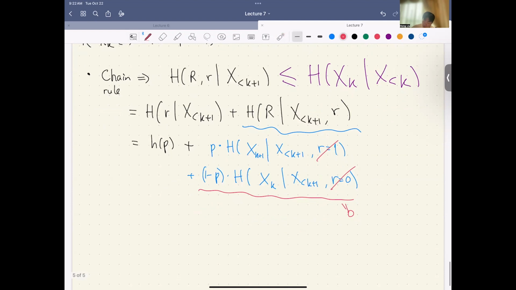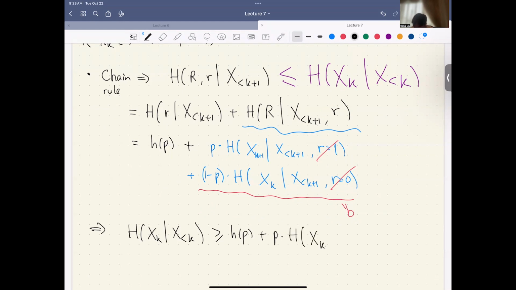So we have altogether the purple one up there: the entropy of xk, conditioned on the previous ones, is at least this little hp plus p times the conditional entropy of sk given x less than k plus 1. It starts to look like the thing we want to prove.